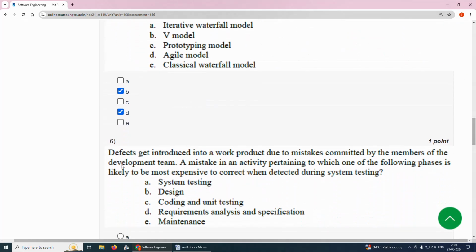Sixth question, defects get introduced into a work product due to mistakes committed by the members of the development team. A mistake in an activity pertaining to which one of the following phases is likely to be most expensive to correct when detected during system testing?